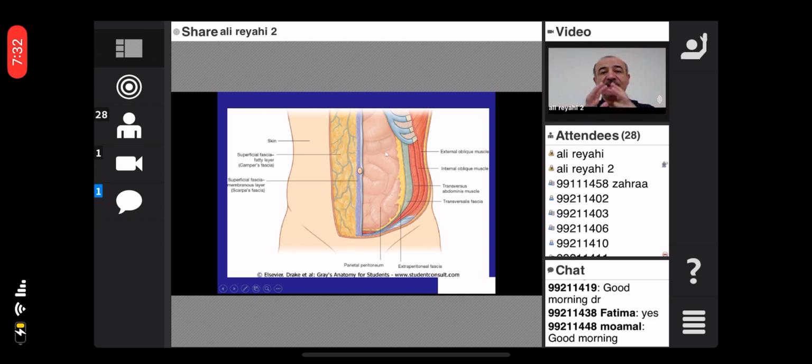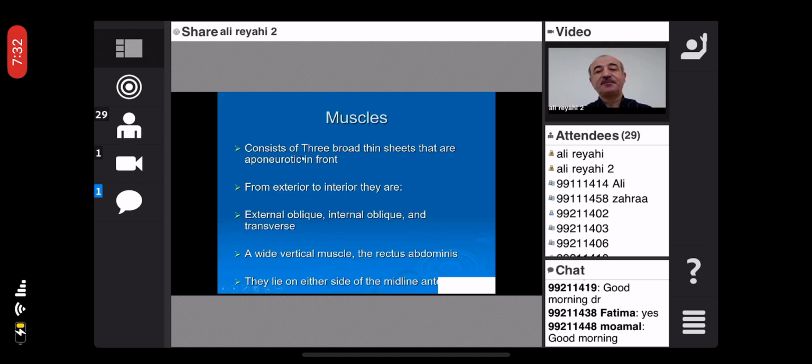The peritoneum is a balloon within the abdomen, and it has two layers: the parietal layer that lines the inner surface of the abdominal wall, and the visceral layer that covers the organs within the abdomen. So we reviewed the skin and the fascia in the abdomen and reached the muscle, and I explained some of these muscles.